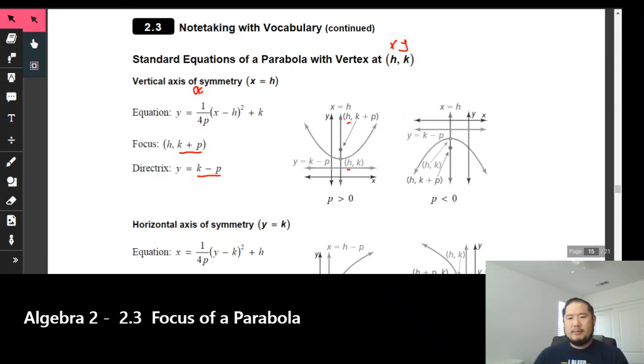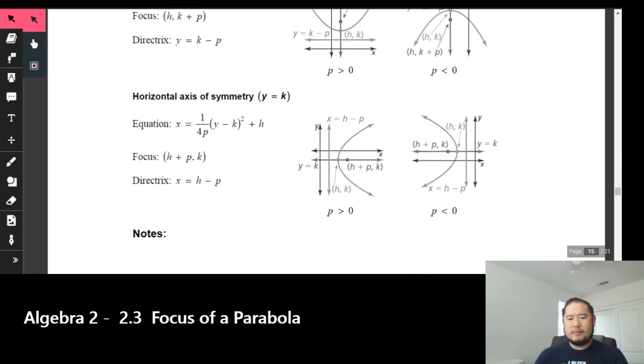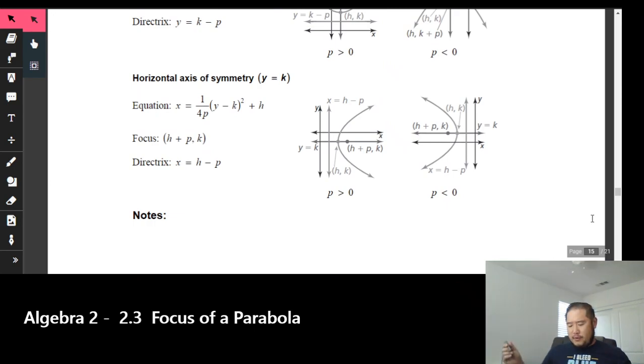So then next up, let's take a look right here when we have a left to right facing parabola. When it's a left to right facing parabola, or the axis of symmetry is a horizontal line. Horizontal lines start with y. So if this is my vertex, that's hk. My value of k stays the same for the focus.